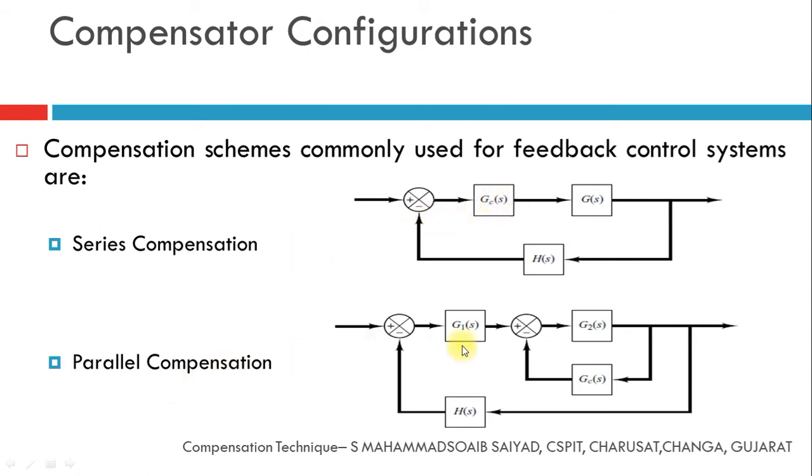In parallel compensation, the compensator is in parallel with your forward path gain. Here the forward path gains are G1 and G2, and the compensator is connected in parallel with one of them, while over here it is in series, and H(s) is the feedback.